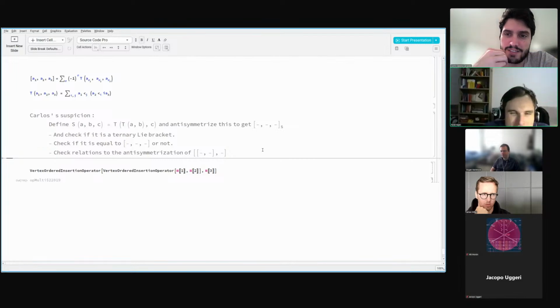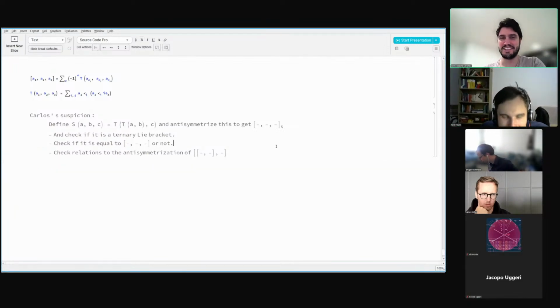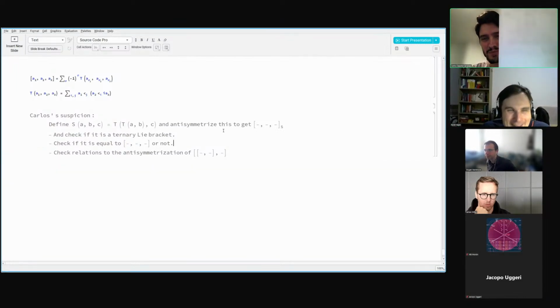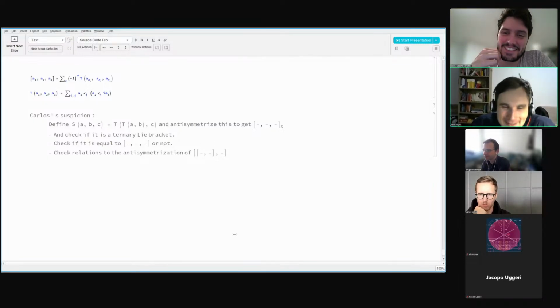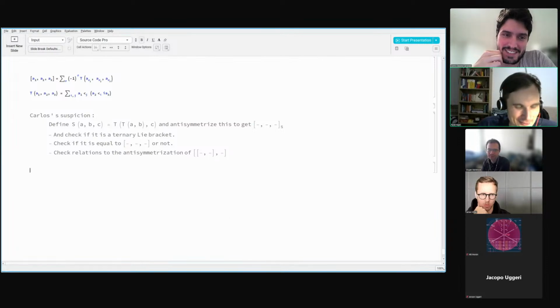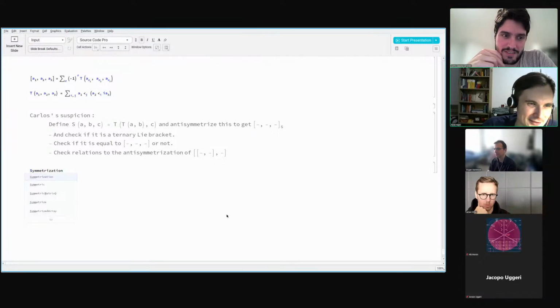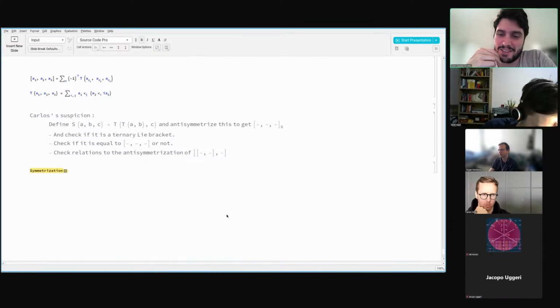But using this software, I could theoretically also try to cook up something from that, because it actually computes anti-symmetrization. It has this symmetrization function, right? So I can somehow symmetrize it.